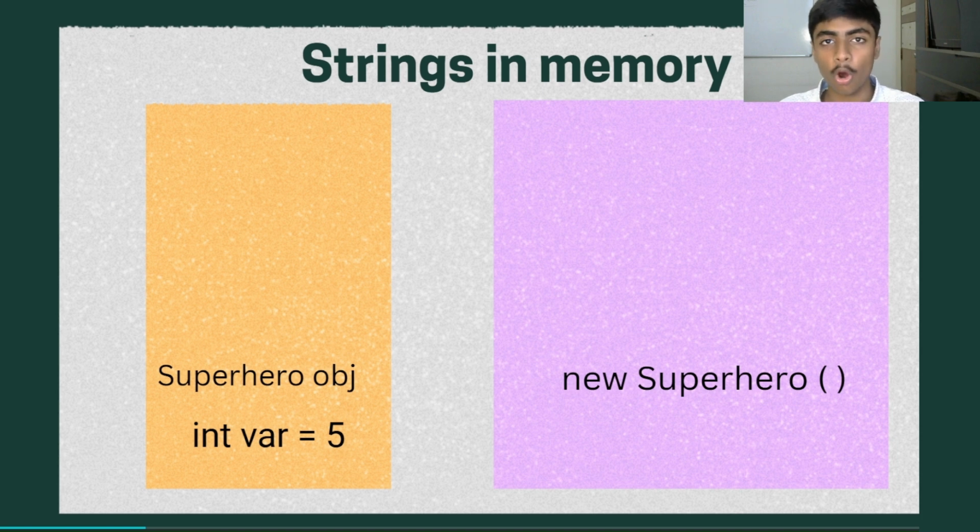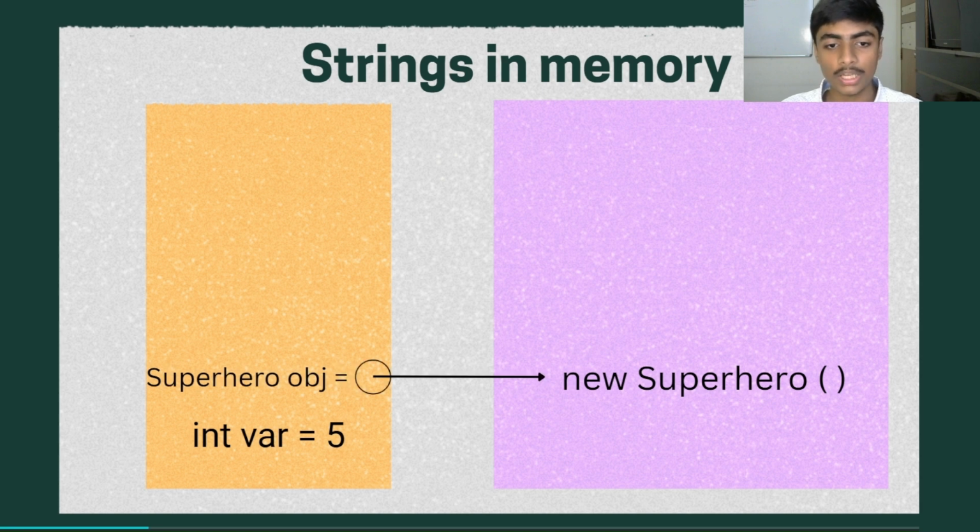This obj object in this left column is going to be storing a pointer that points to this actual object in the right column. So the name of the object is going to be stored in this left column, but the actual object is going to be stored in this right column, and you're simply using a pointer to point towards this object. Because of these pointers, we often call our classes and objects reference data types, because you're using these pointers in one part of the memory to point towards an object in another part of the memory.